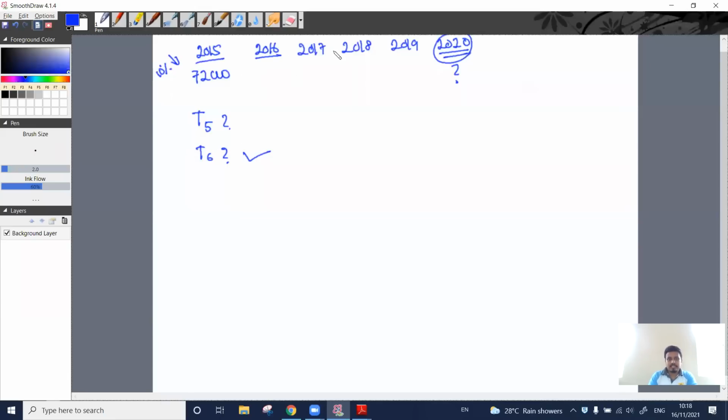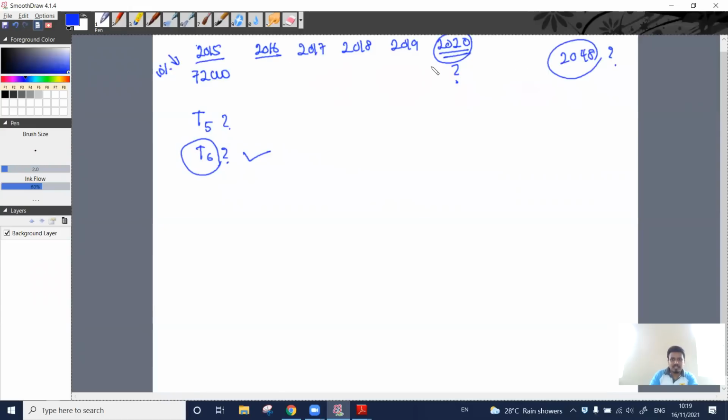Instead of counting one by one, here this is 1, this is 2, this is 3, this is 4, this is 5, this is 6, therefore we need to consider T6. If they gave 2048, are we still going to calculate one by one? No, right?